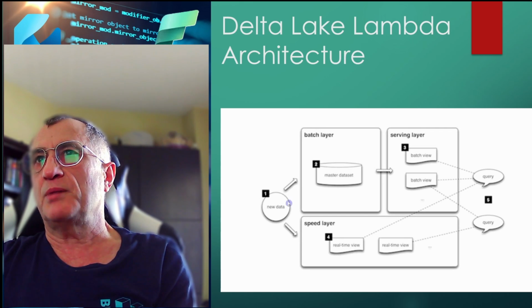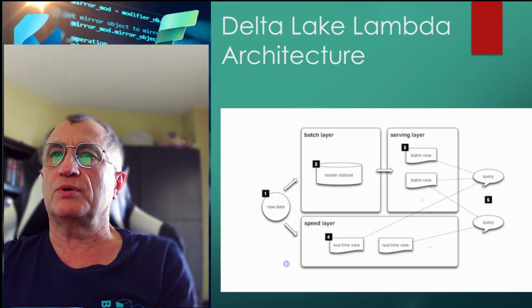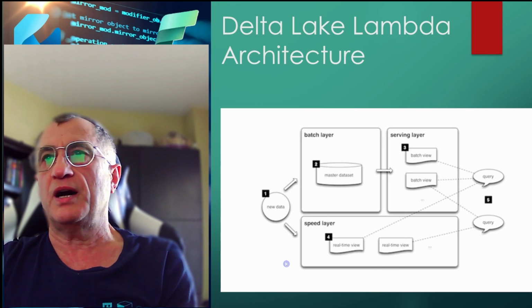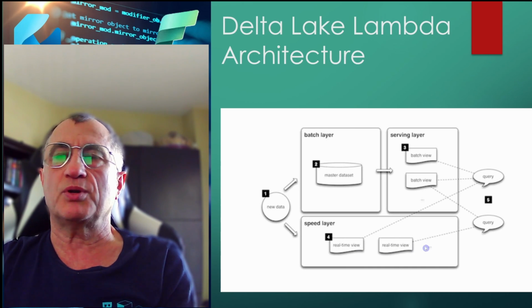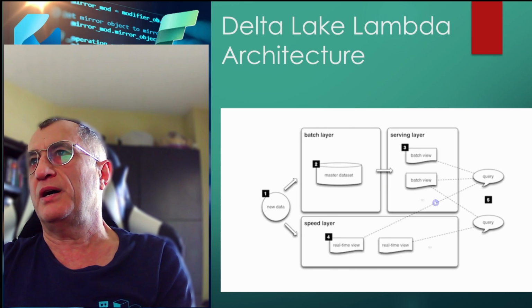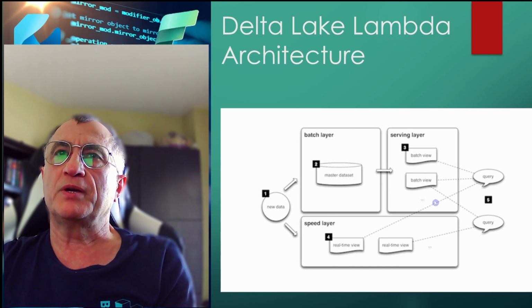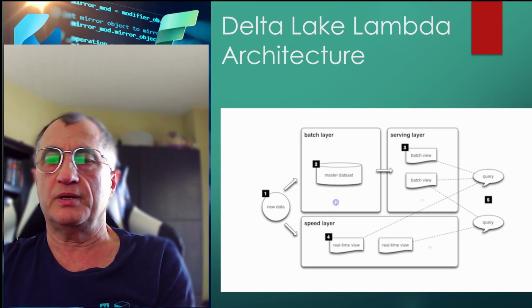And then some organizations would also have a speed layer, which would consist of real-time pipelines, which require low latency processing. And finally, you have a serving layer, which will be your dashboard reporting, connecting to your data and consuming it.